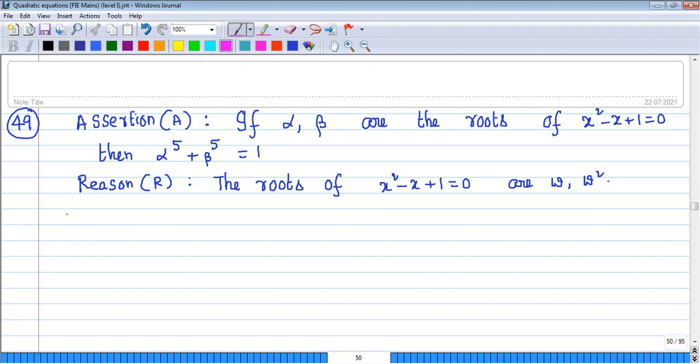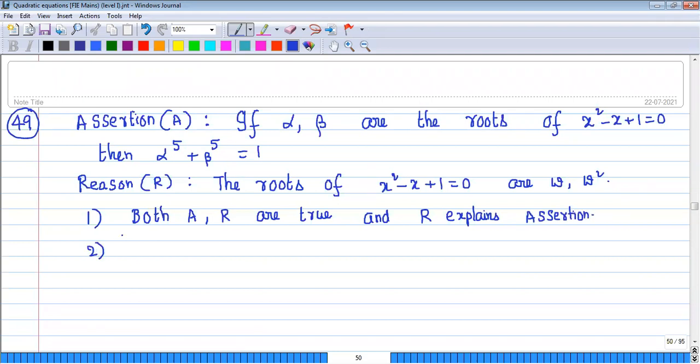Options will be like this. First option: both A and R are true, and R explains the assertion. That means R is the correct explanation of the assertion.